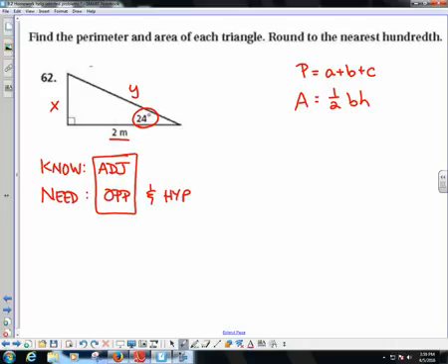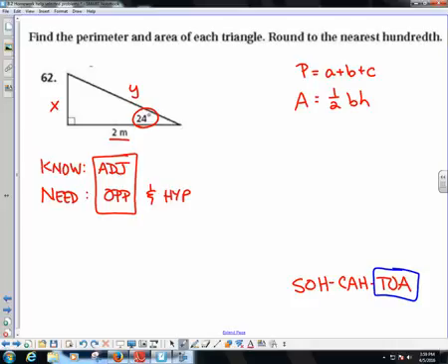And remember, we say SOHCAHTOA. So what uses adjacent and opposite? Well, the thing that uses adjacent and opposite, that's TOA. So I'm going to find the tangent.